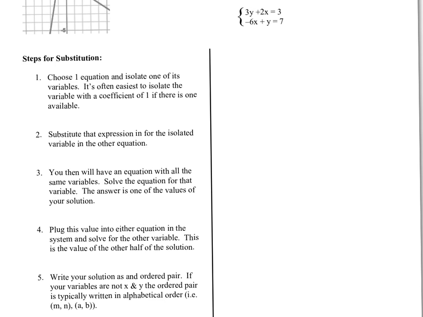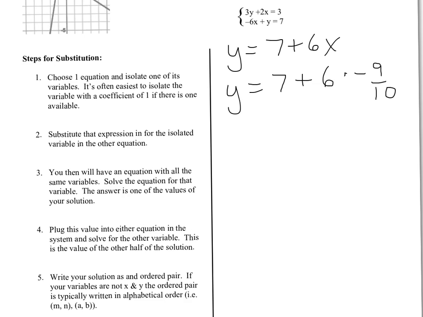We had here that y is equal to 7 plus 6x, right? And we know that x is negative 9/10. So we are going to replace, and we're on step 4 right now, we're going to replace the x with negative 9/10. So I'm going to get 7 plus 6 times negative 9 over 10. Now, of course, we are not going to get freaked out by that little fraction. We're going to make that 6 over 1. Before we multiply, let's go ahead and cross cancel.